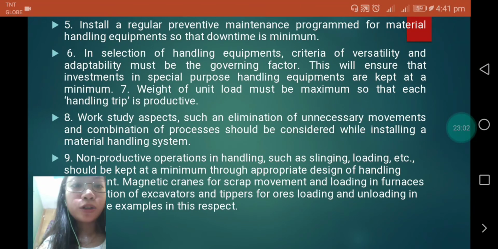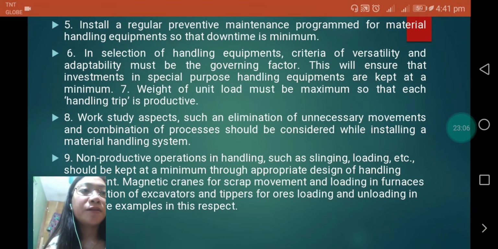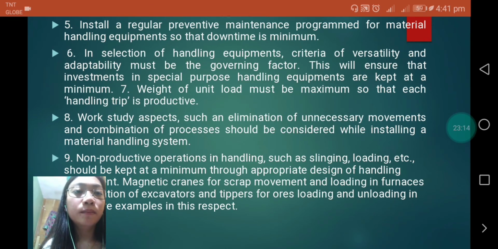In the selection of handling equipments, criteria of versatility and adaptability must be the governing factor. This will ensure that investment in special purpose handling equipment are kept at a minimum.